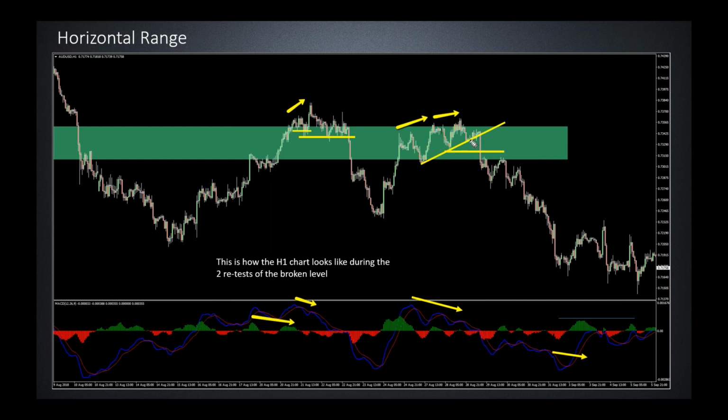So being aggressive here with the breakout of this trend line would make sense because you win that many pips. You're inside the level, you know you got the breakout and the price is still keeping below this zone after all these attempts. So does it make sense for a sell? I would say yes. It's still more aggressive, but I would say yes. Why? Because I have nothing against me. All the facts are saying sell.